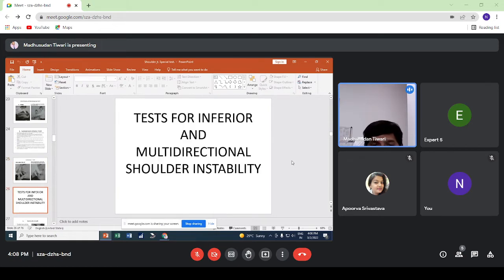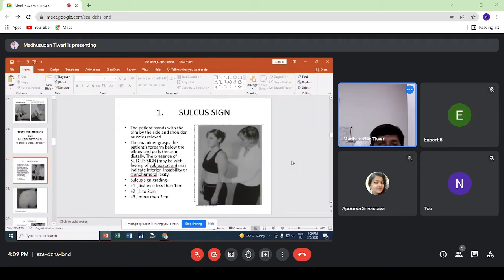Now, tests for inferior and multidirectional shoulder instability. See, inferior instability is a very rare condition. For this condition, we will do the sulcus sign. The patient stands with the arm by the side and the shoulder relaxed.